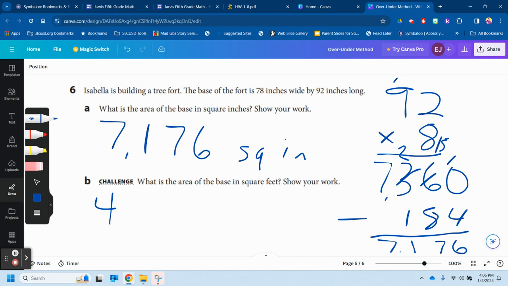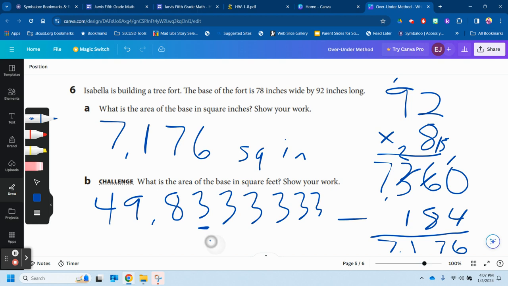So I divided 7,176 by 144, and I have 49.8333333, and it just keeps going. So what do I do? I round to the nearest hundredth, look one to the right. No change is best. 49.83. However, if I was a builder, I'd need to have a little bit more than that because it's a little less.